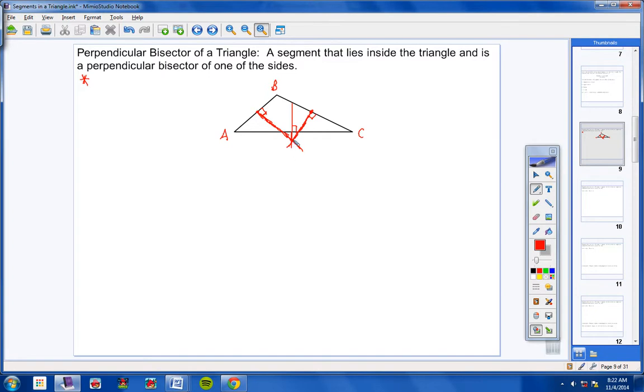If they don't, then kind of bend your lines, kind of cheat a little bit, because they should always intersect in one point. Very important that you do this, guys. Everybody see that? Everybody got it?